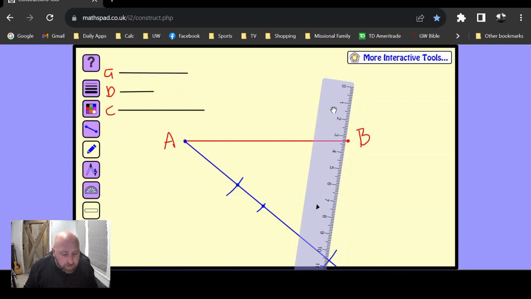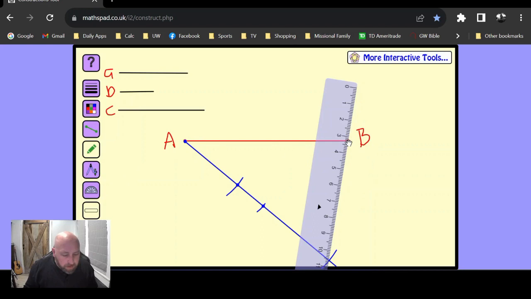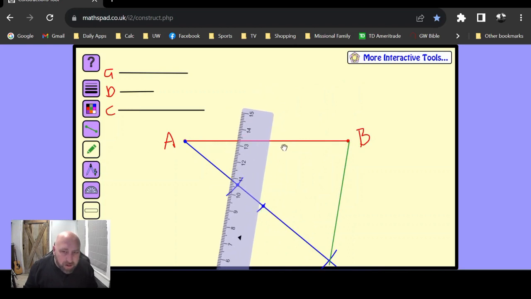Because again, these are both given lines. They gave us AB and they gave us these other lines. So we'll make this green again and we'll connect this down here to this. All right, so you notice we kind of made a triangle right there. And what we want to do now is we want to copy this angle right here.